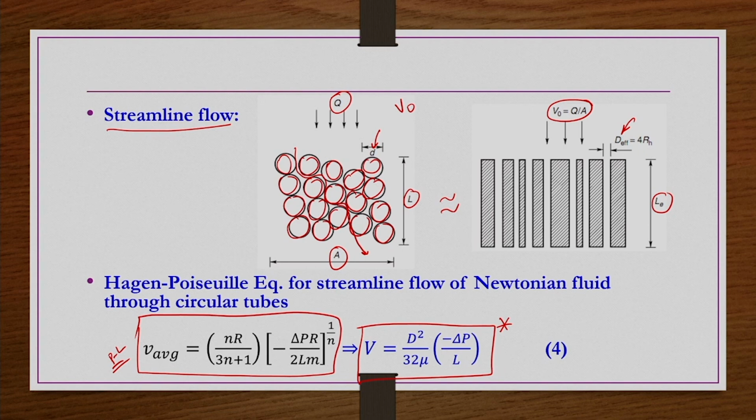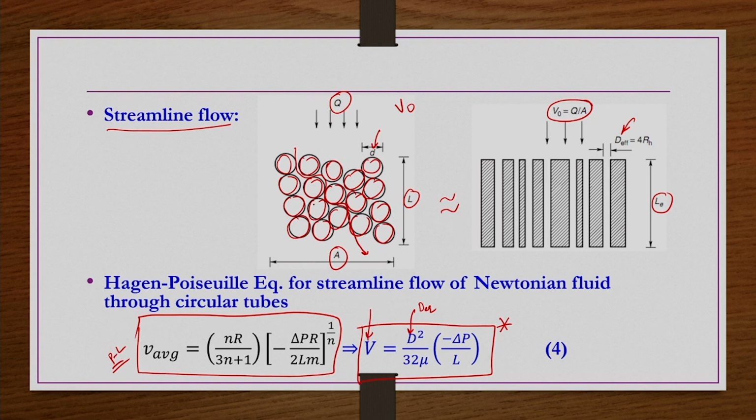So, in this case what you do now, in place of D you find out D equivalent, which gives the same average velocity like in packed bed, and then this V you replace by the velocity that is there in the interstitial spaces.